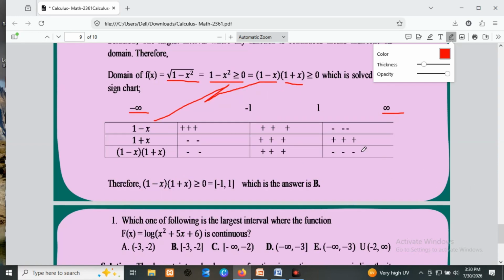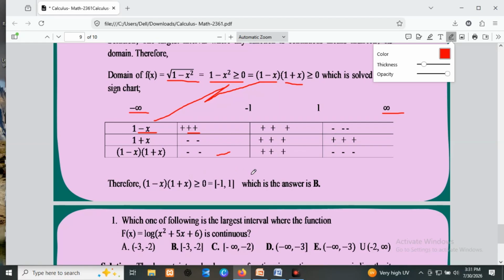As you know, the sign chart looks like this. The first factor is positive from minus infinity to minus 1, and it is positive between minus 1 and 1, and so on up to positive infinity. The third row is the multiplication: minus times plus is minus, plus times plus is plus, and so on.